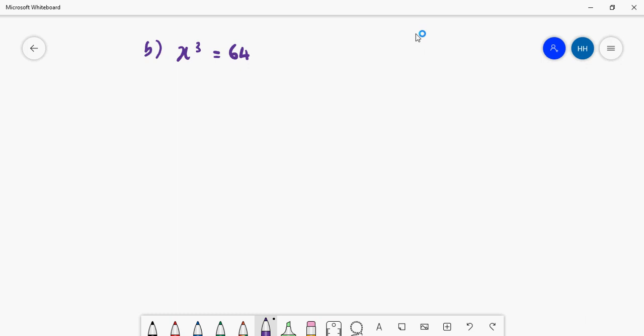So to find x, you must put cube root at the left side, so you also must put cube root at the right hand side. And 64 is equal to 4 to the power of 3, 4 times 4 times 4. So you can write that as 4 cube, and then cube root.